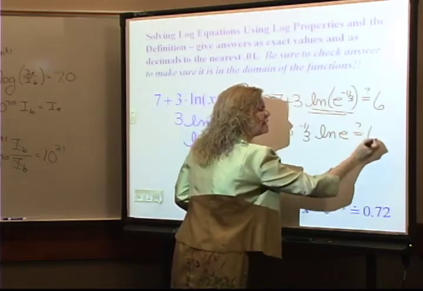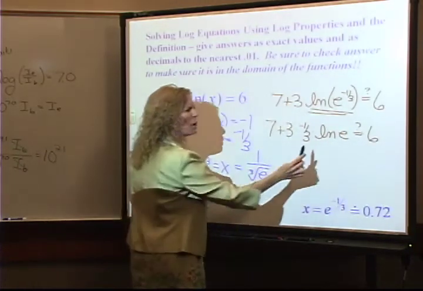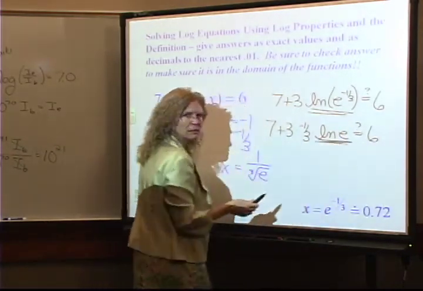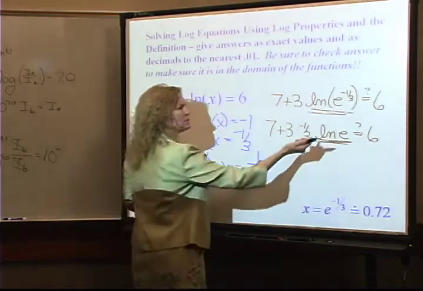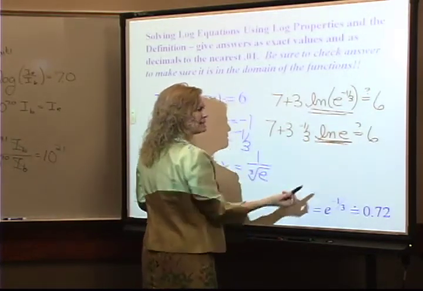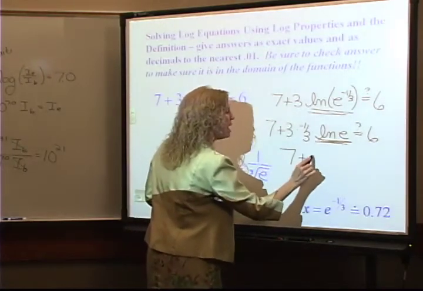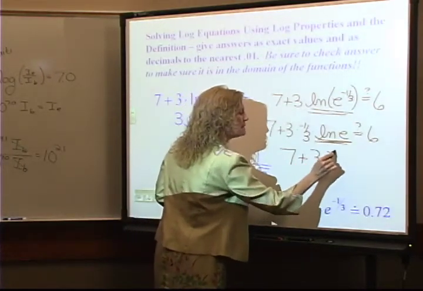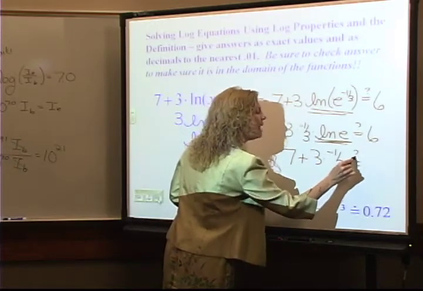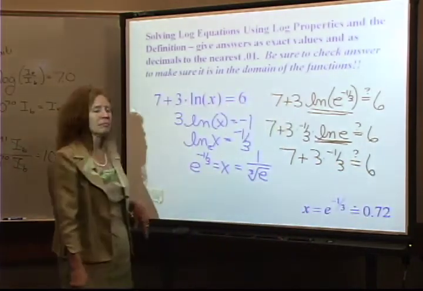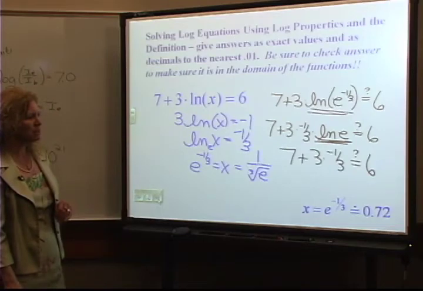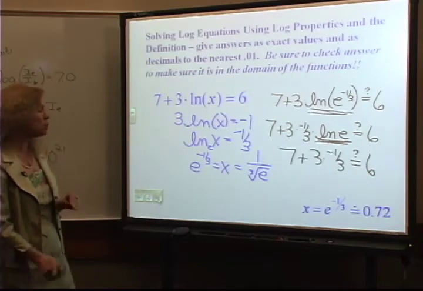Some people like that idea. And what does the natural log of e equal? Well, since that input is exactly the same as the base, that's 1. So we have 7 plus 3 times negative 1/3. Will that equal 6? Take a second and look at the arithmetic and say, yeah, that works.